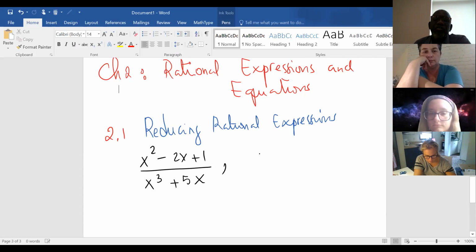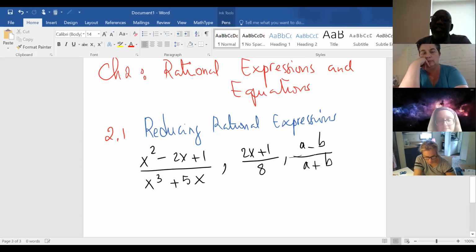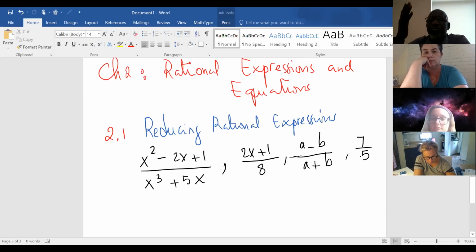If we say 2x plus 1 divided by 8, this is a rational expression also. If we say a minus b divided by a plus b, this is a rational expression. If we say 7 over 5, this is also a rational expression. All of them are rational expressions.